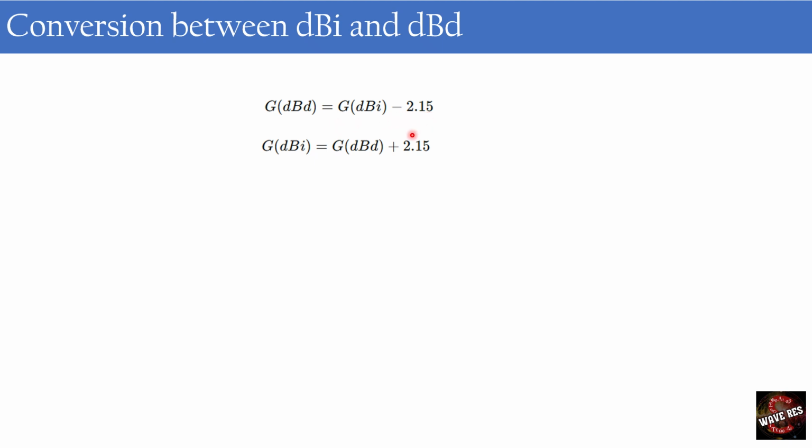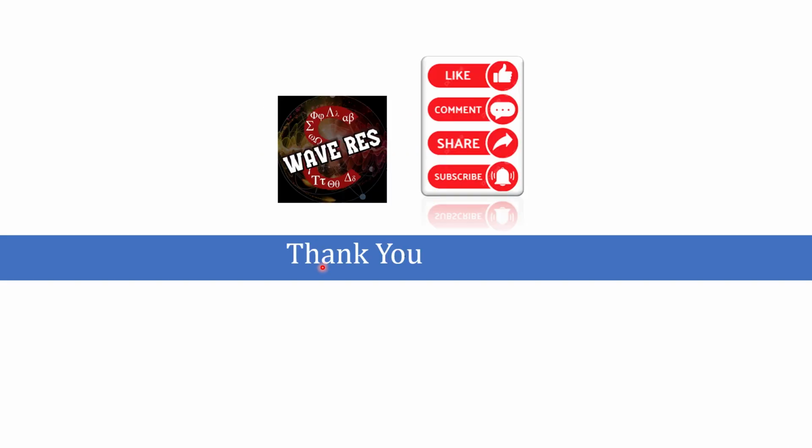We have seen this calculation earlier, and if you have to make the reverse calculation, gain in dBi, we can sum gain in dBd plus 2.15. This will give you the gain in dBi. So this is the main difference between dBi and dBd. It mainly depends upon which reference antenna we are going to use to calculate the gain of the antenna. I hope you get some idea about dBi and dBd.